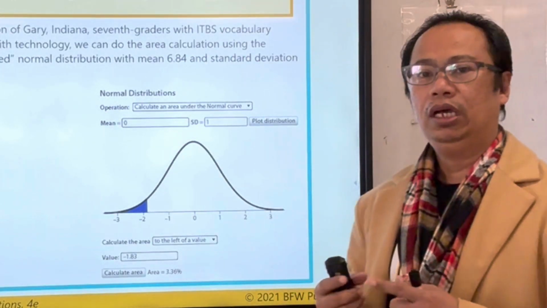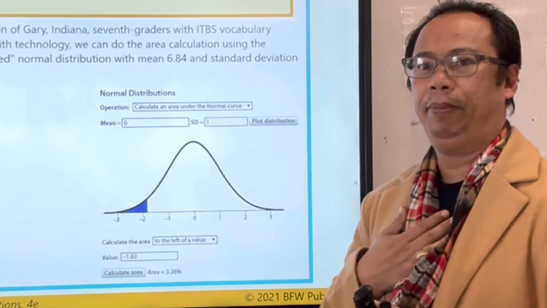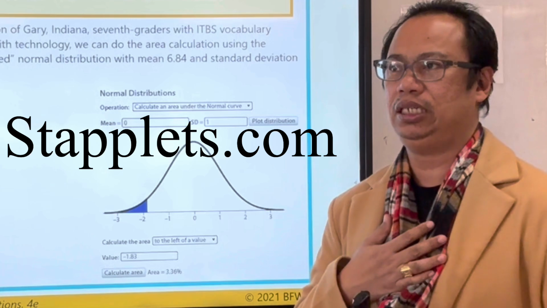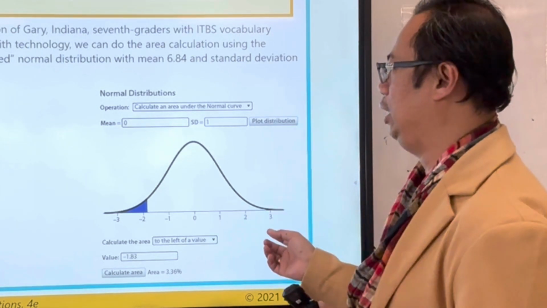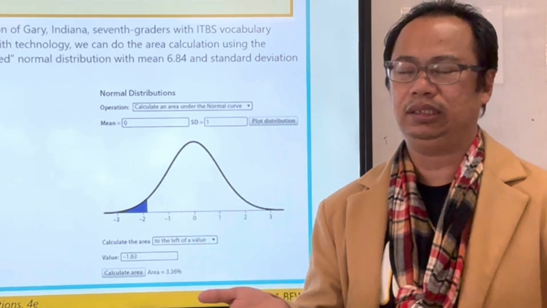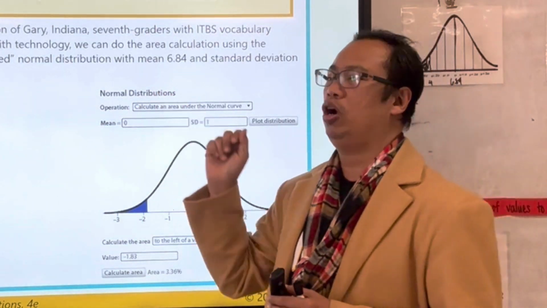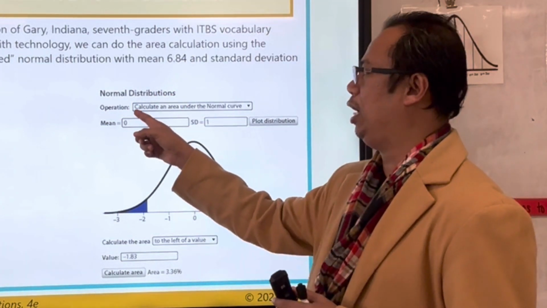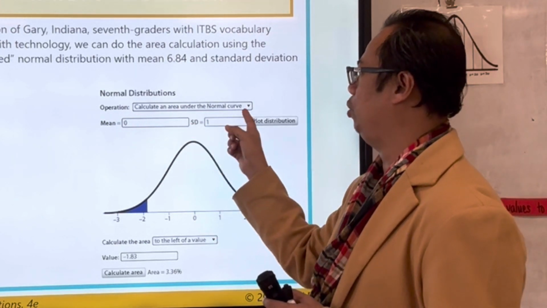In my class, they use applets. You can download ST Applets on the website and then you can plug in. The next step for my class: you go to applets, click normal distribution, then make sure that on the operation you got calculate an area under normal curve.